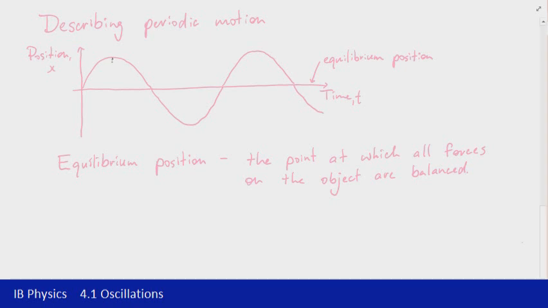Now the other quantities that we need to deal with, I'll just change colour here to make it a bit clearer to see what we're labelling. The first one is this one here, that's going to be our value x naught. Now that is the amplitude. Amplitude is simply, think of it as being how tall or how big the oscillation is.